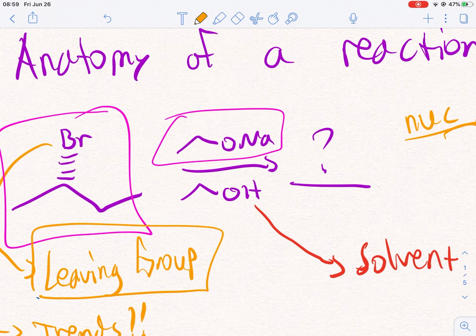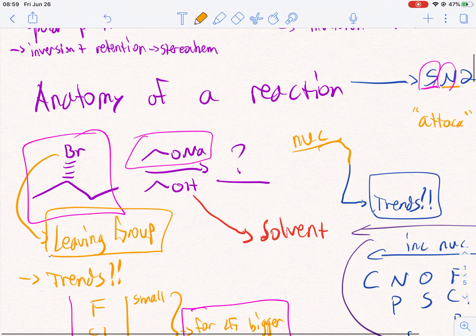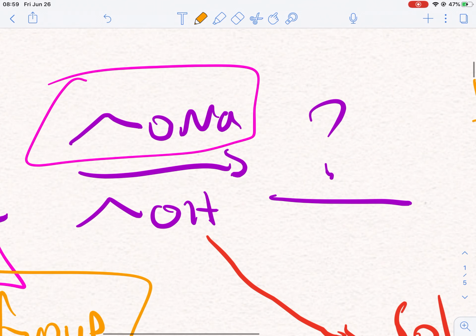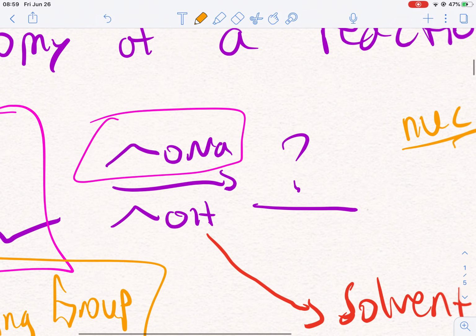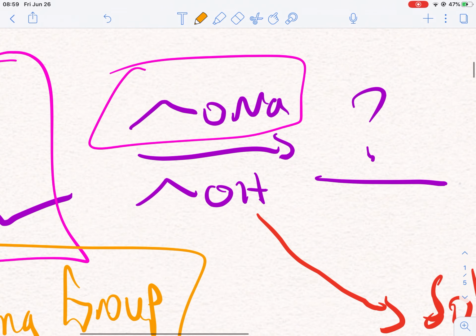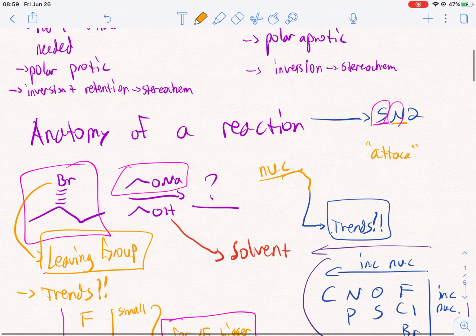The nucleophile is what's going to attack this carbon, and for SN2 specifically, kick off the leaving group. Okay, and so if you're confused, this metal, sodium, it dissociates in water, and water is usually present in these reactions. So it dissociates in water, so it's a spectator. So just treat it like it's just an O with a minus.